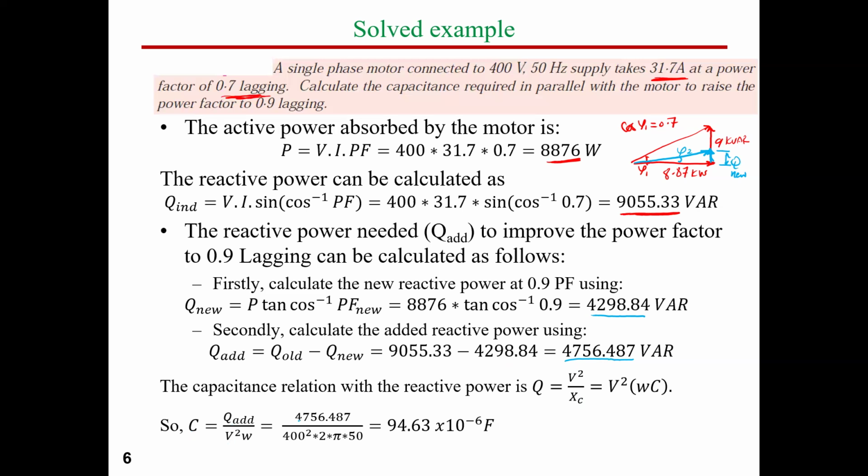This is the amount of Q added, V squared, so 400 squared times 2 pi F, which is 50 hertz. So we have a capacitance of 94.6 times 10 to the power minus 6 farad. So we have a 94.6 microfarad capacitor needed to provide this reactive power.